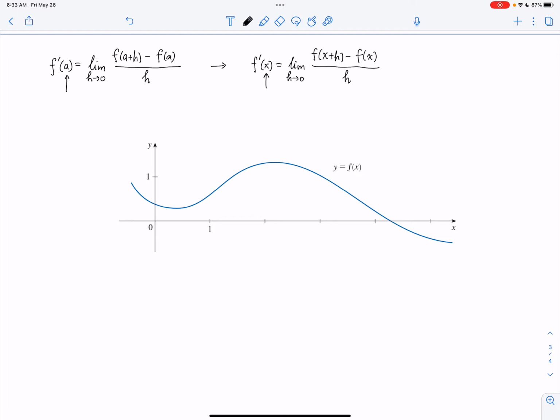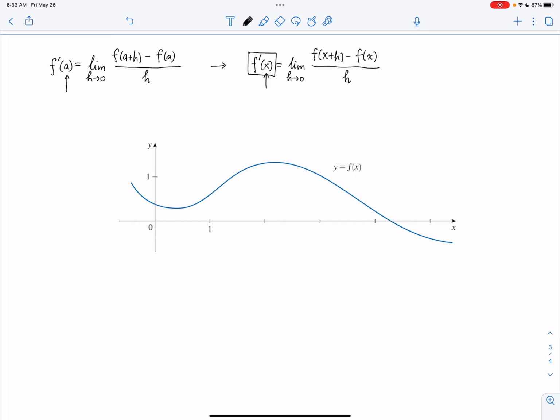And if you do that, you can see you actually have a function, right? Because you have this input x. So this one means you can calculate the derivative at any x value you want. Not just a single point, but any value you want.